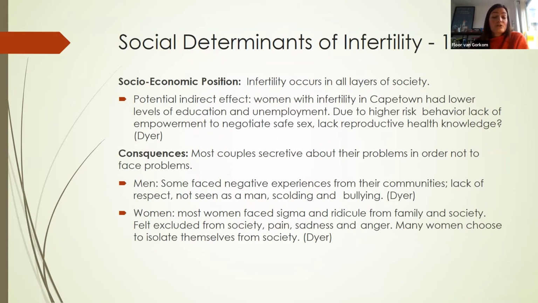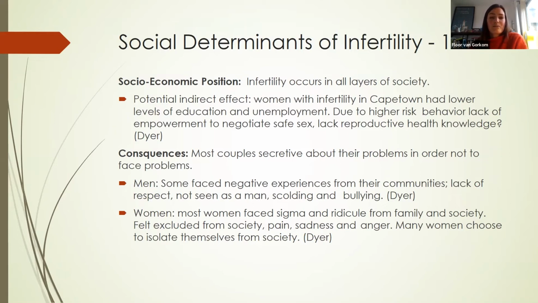Then moving towards the social determinants of infertility, I want to share something about the socio-economic position. Infertility itself can occur in all layers of society, and there is some data from Dyer, a gynecologist in Cape Town, where there is circumstantial evidence that women with infertility at their clinic had lower levels of education and unemployment.